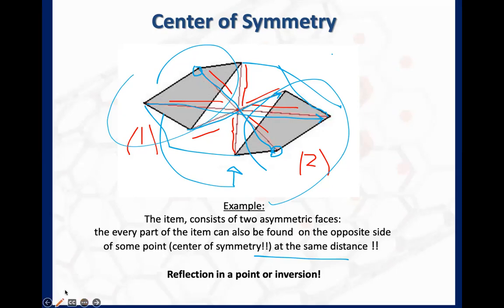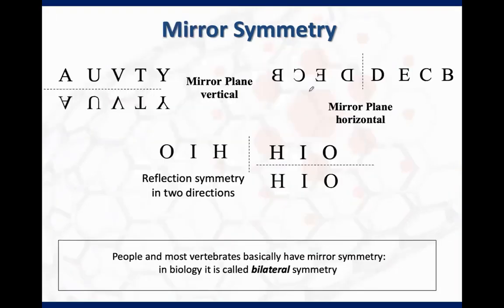Mirror symmetry is another thing. So, for example, if you put a mirror here, will you see the same feature? If you see a mirror, then you should see something like this. So this is different. This is not mirror. This is inversion.